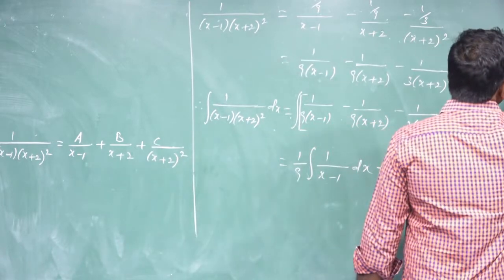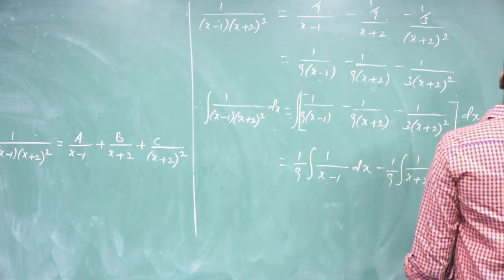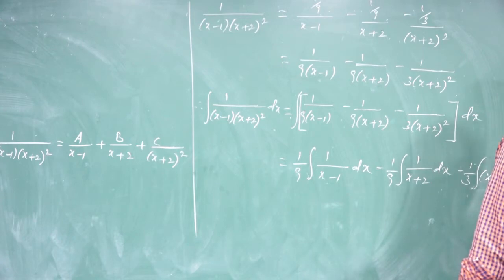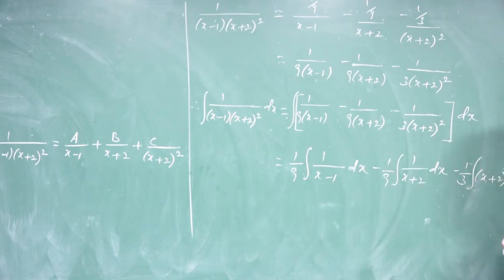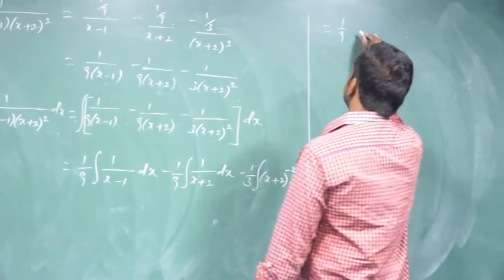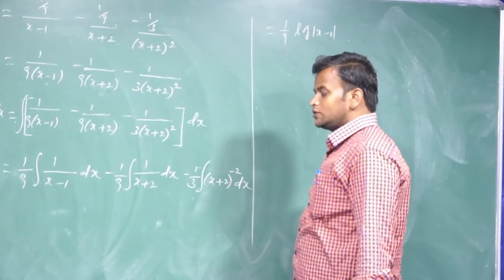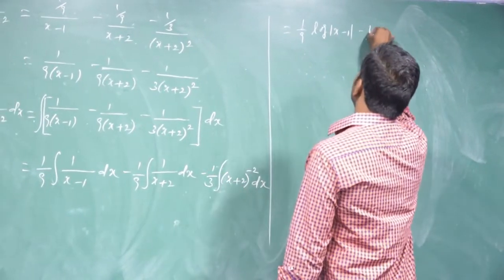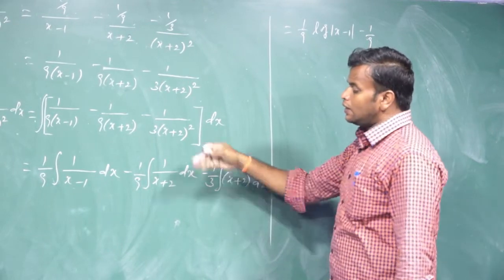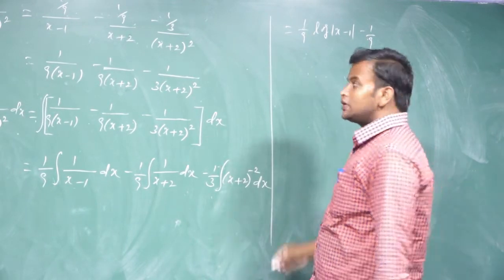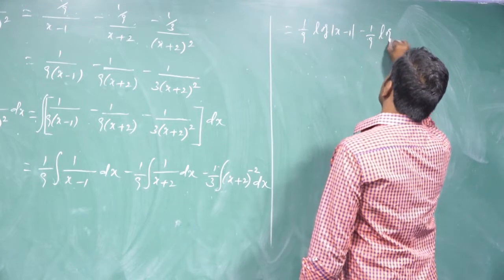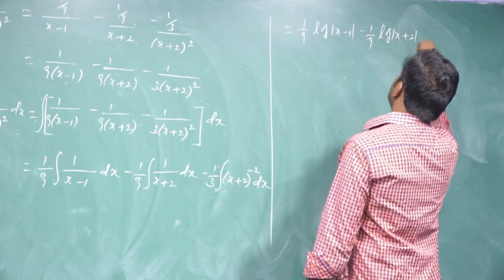Now we integrate term by term. 1 by 9 of integrating 1 divided by x minus 1 is log of modulus x minus 1. Again, minus 1 by 9 of integrating 1 divided by x plus 2 is log of modulus x plus 2.